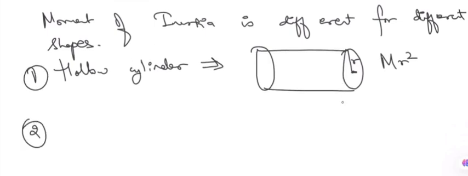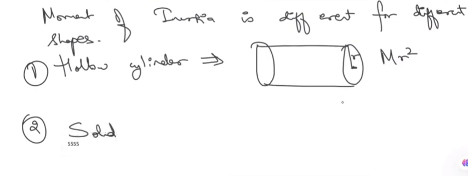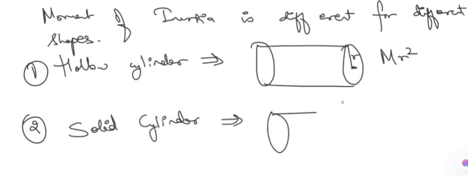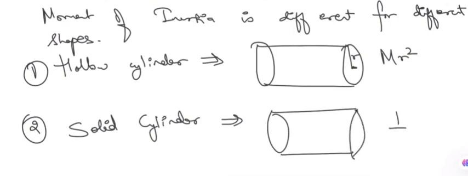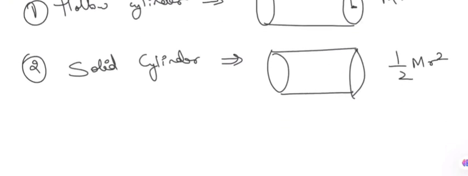Second, suppose I have a solid cylinder, let's say solid cylinder first. Compare the things. If I have a solid cylinder like this, here it will be half m r square.